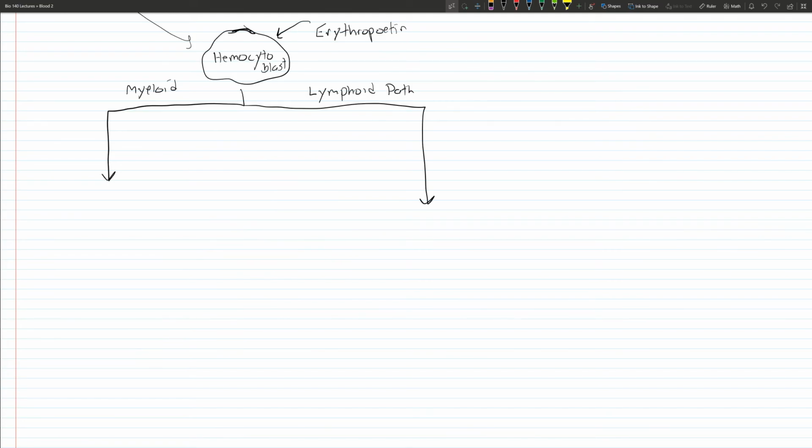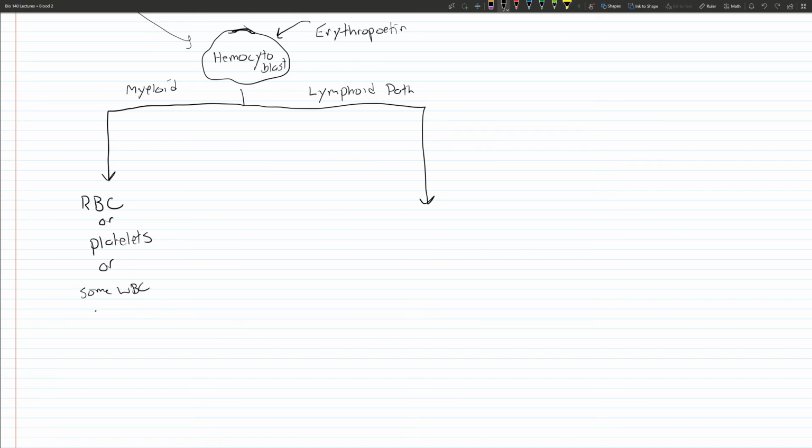Now, if it goes down the myeloid path, it can make red blood cells, or it can make platelets, or it can make some white blood cells, or WBCs.